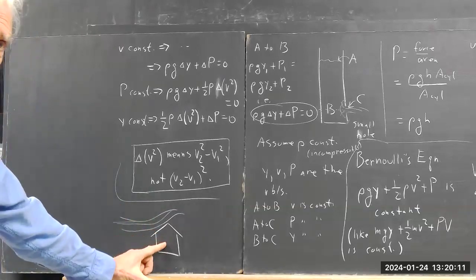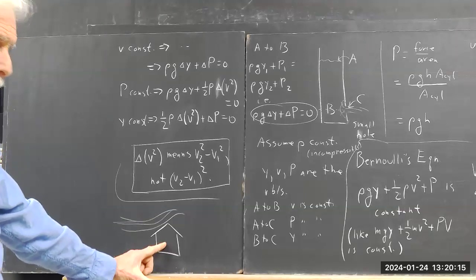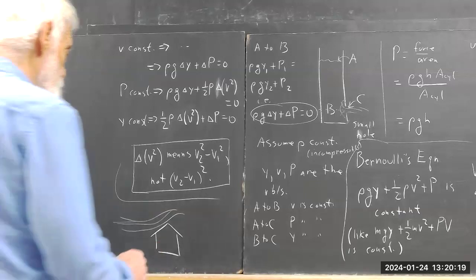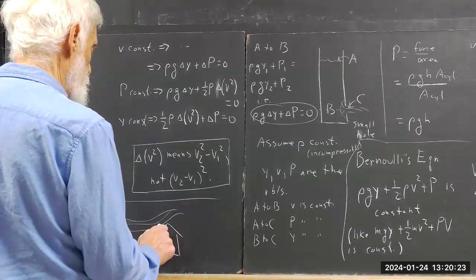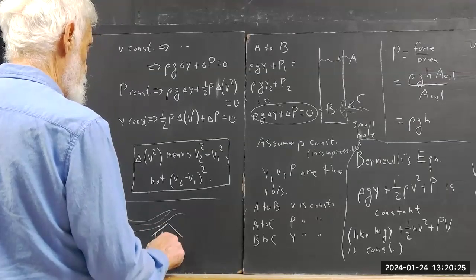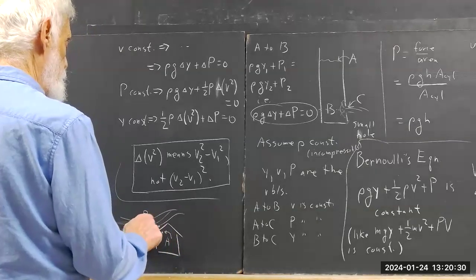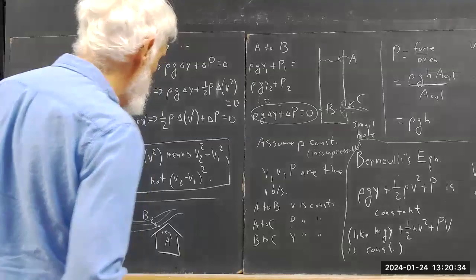How fast is the air moving inside the house? It might be moving a little bit if you have the windows open, but it's not moving much, as long as the house is intact. So point A is here and point B is here.